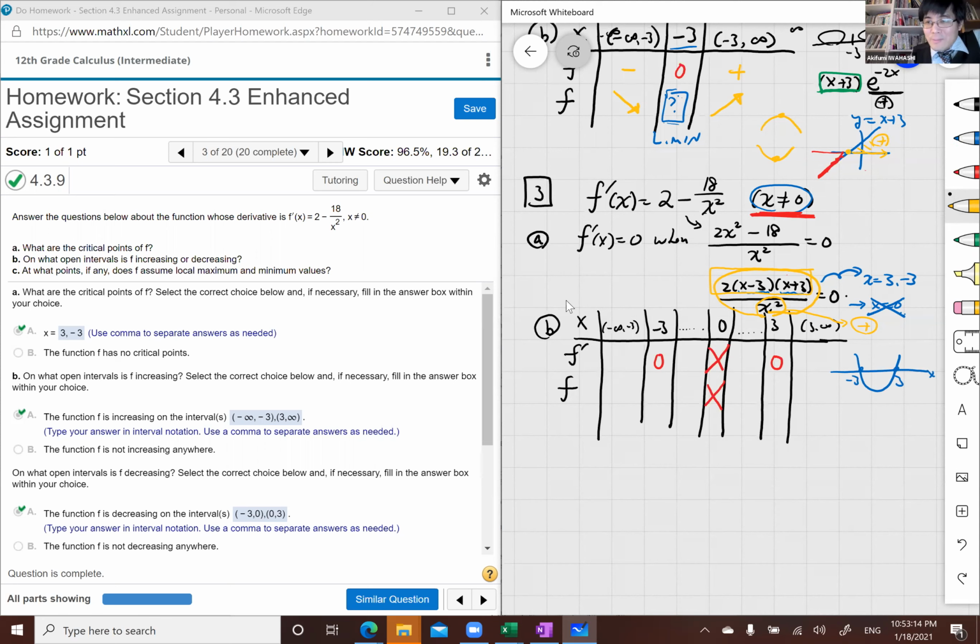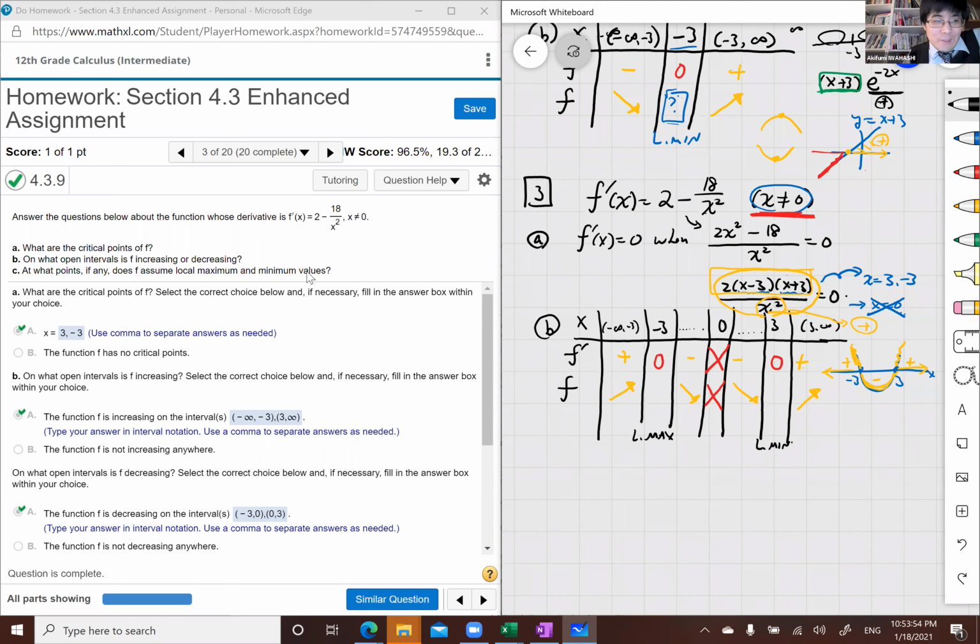So you can see that it must be positive below negative 3 and positive above 3, and negative between negative 3 and 3. So plus, minus in between, and plus. So the graph is gonna be increasing, decreasing, decreasing, and increasing. Now you know this should have a local maximum here, and a local minimum here.